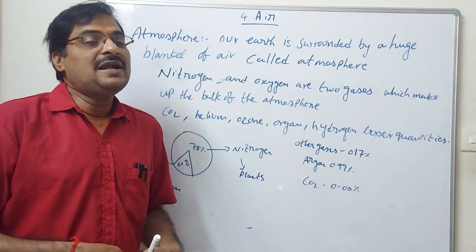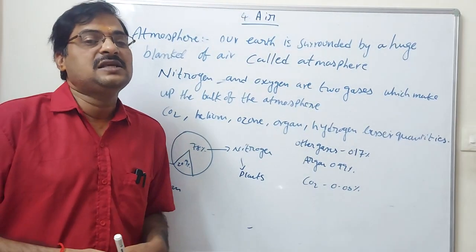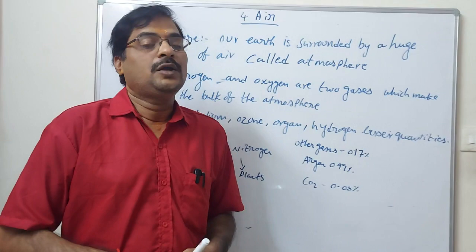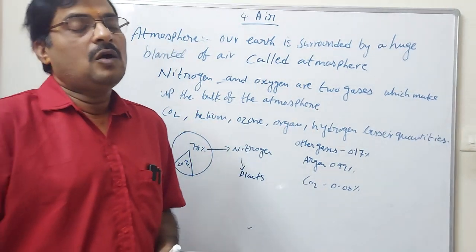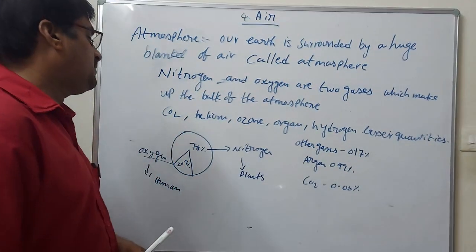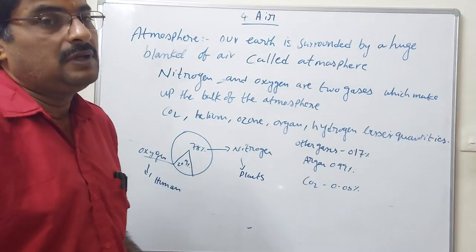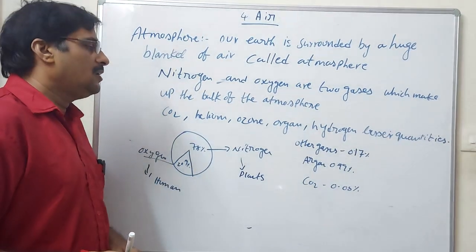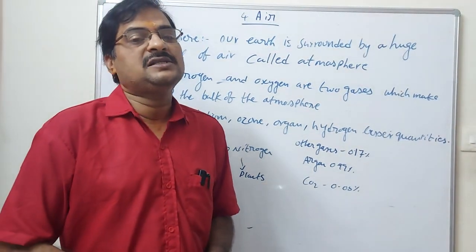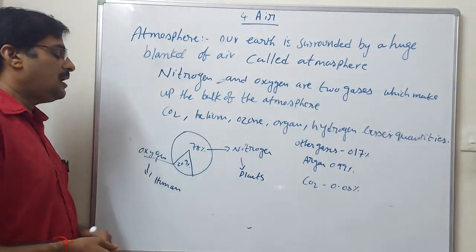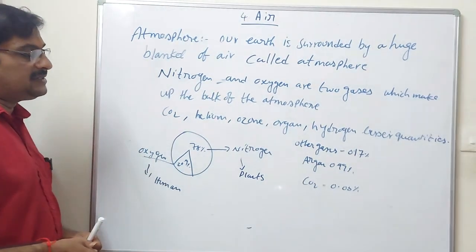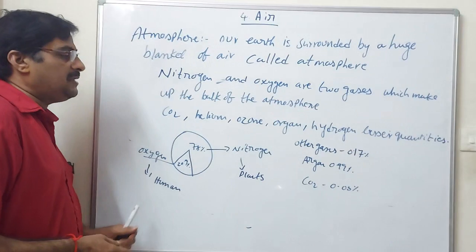So plants have to utilize the nitrogen in the atmosphere, and they give life to humans by releasing oxygen. How much nitrogen is there in the atmosphere? 78% of it. Oxygen is approximately 21%, 20.9. Oxygen is useful for humans, and nitrogen is useful for plants and also for animals.